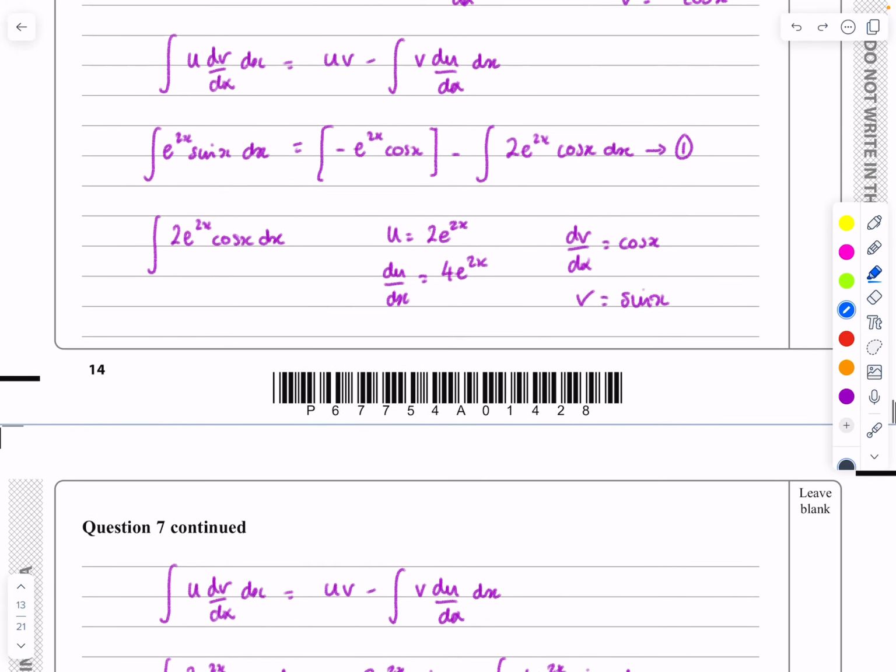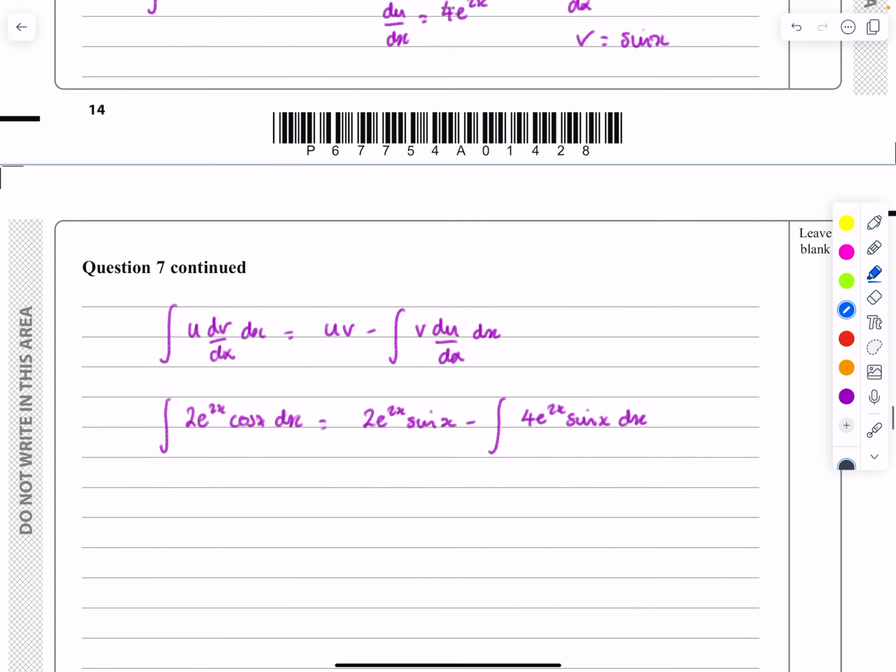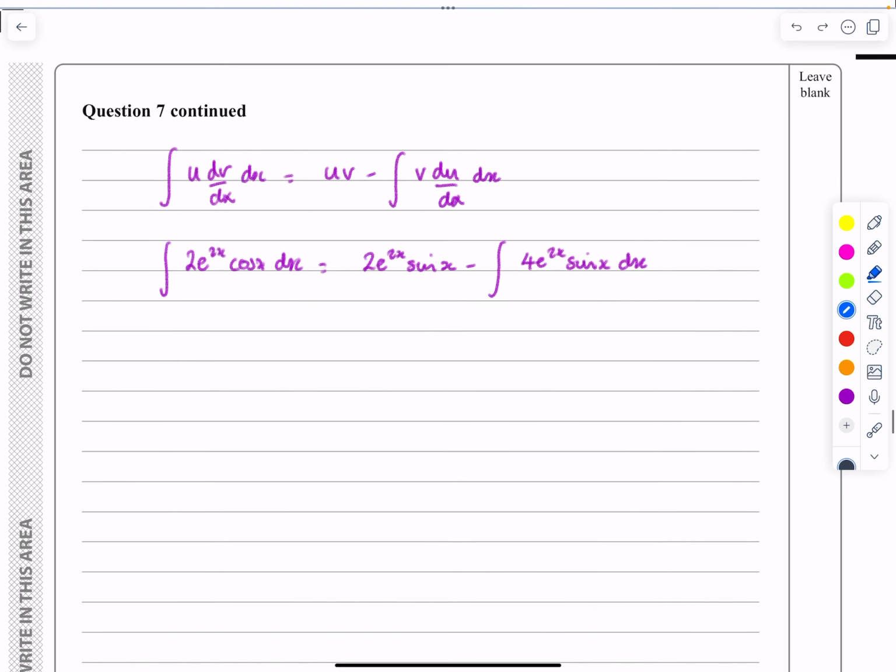So if we go back up to this line here, I'm now going to replace this bit with all of that. So what we get is that our original question, the integral of e to the 2x sin x dx, is equal to, well, we had that uv from before, which was minus e to the 2x cos x.